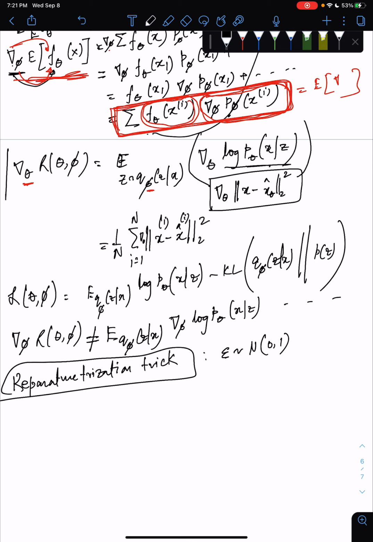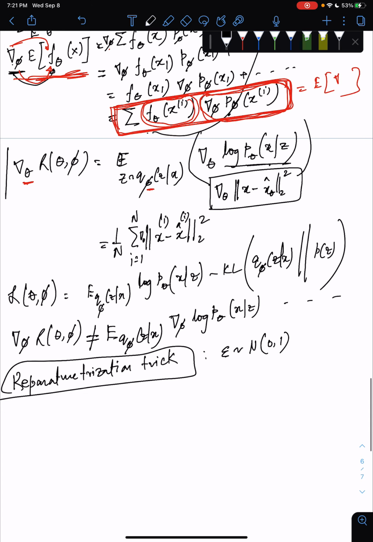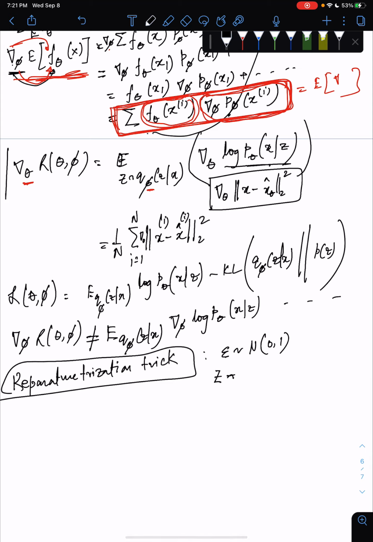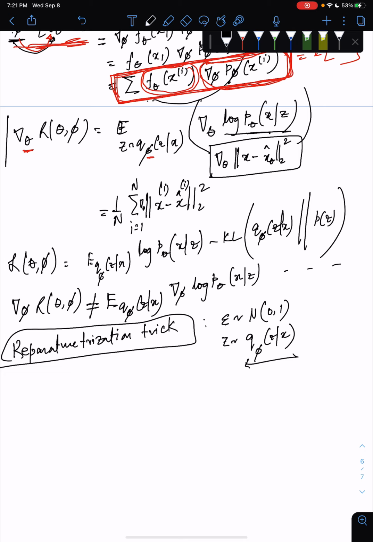Now my z is this guy, and this guy is nothing but a normal distribution, right?